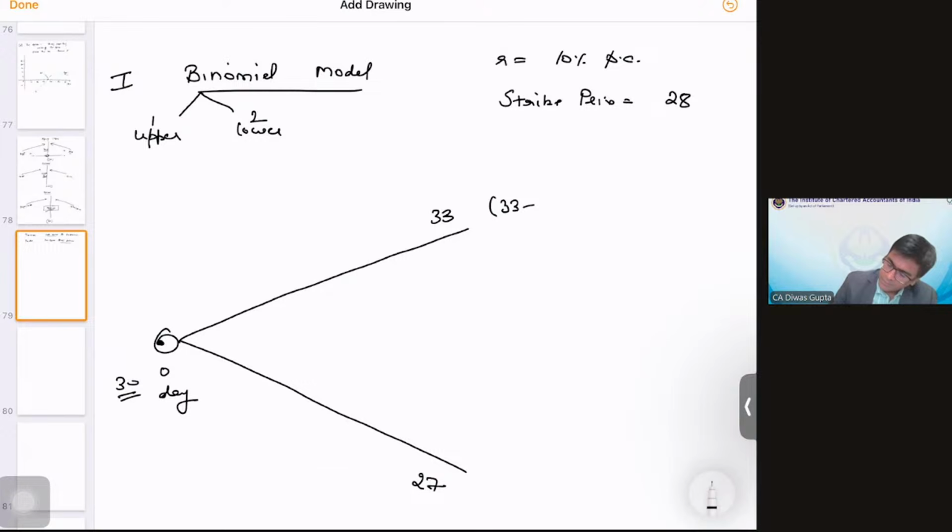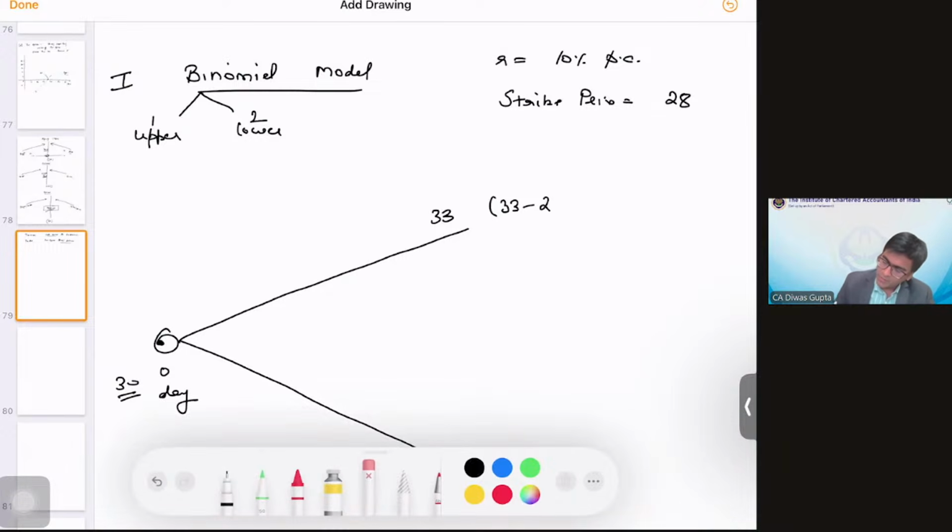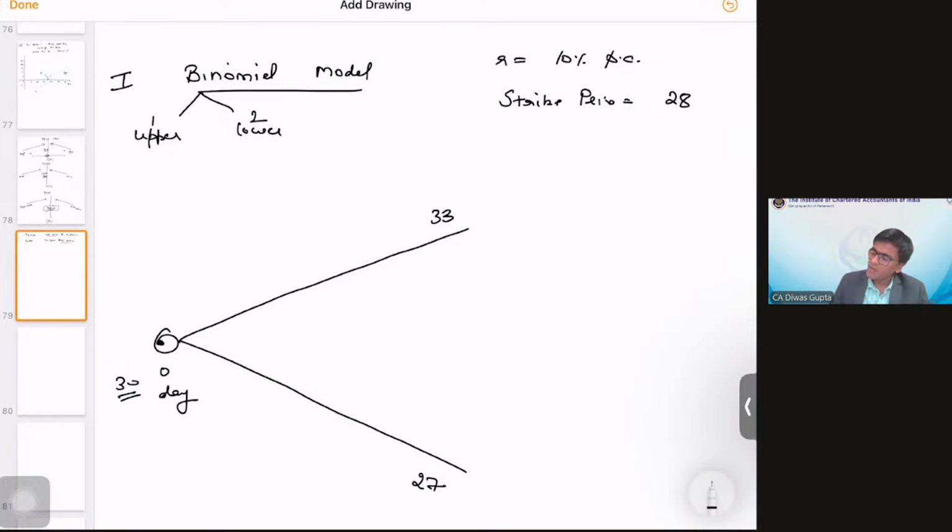Now, let me introduce one more thing here. Can we also calculate the payoffs on these different nodes? These specific points with different values are called nodes.